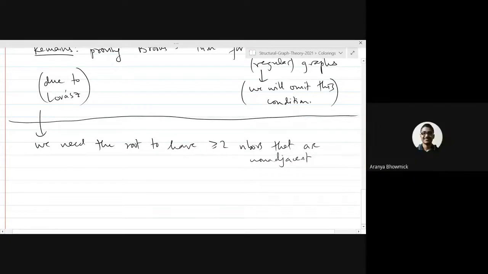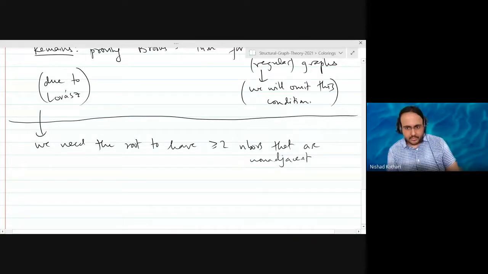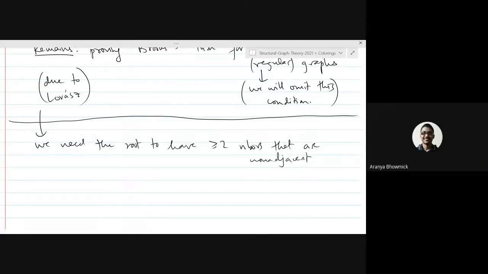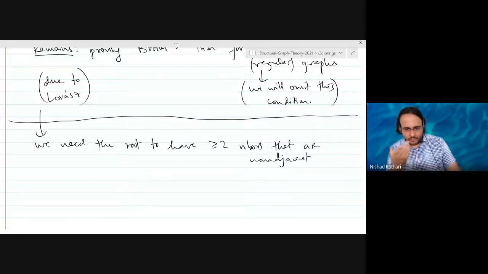But sir, I have a question. Being adjacent means they have to get different colors. That I agree. But being non-adjacent doesn't mean they will definitely get the same color. Sure. So we need something more, right?